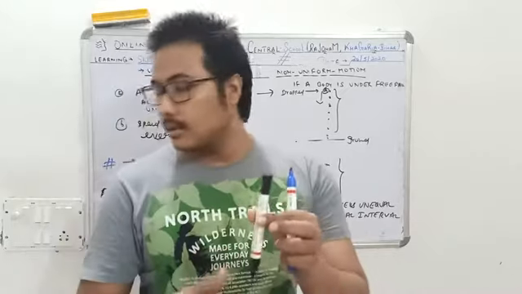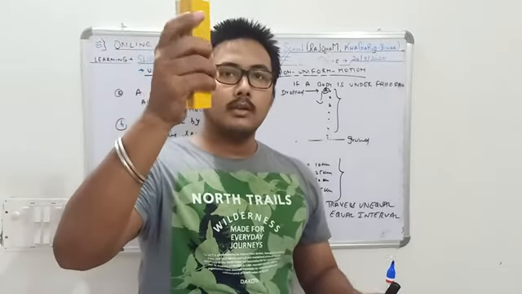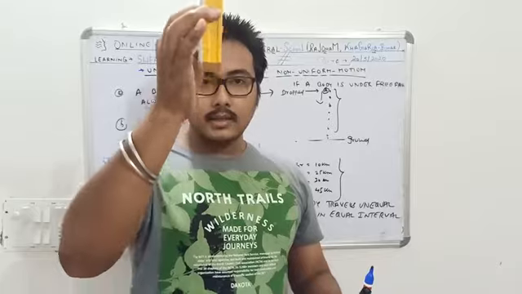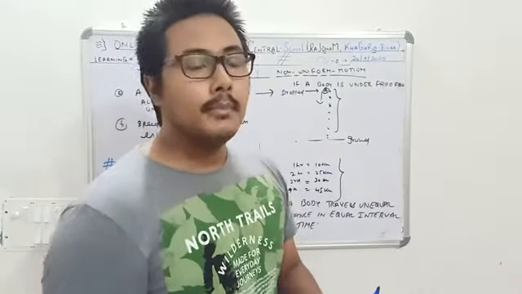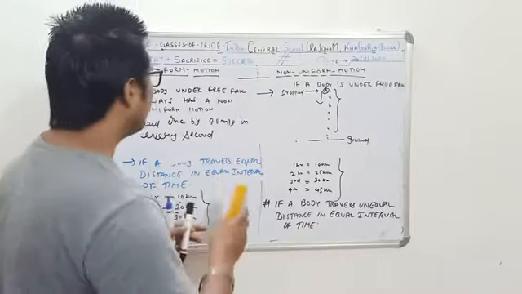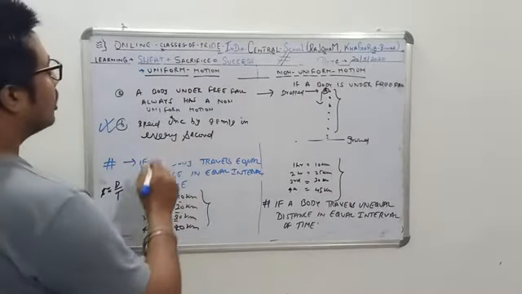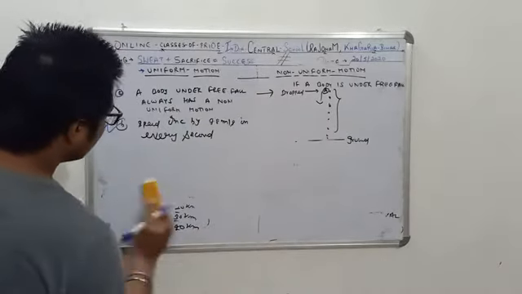Suppose this is the body, and suppose I take the duster, this is the object. Now if I put it under free fall, what will happen? In every second under the free fall, the speed of this will increase by 9.8 meter per second. And hence it is called non-uniform motion.